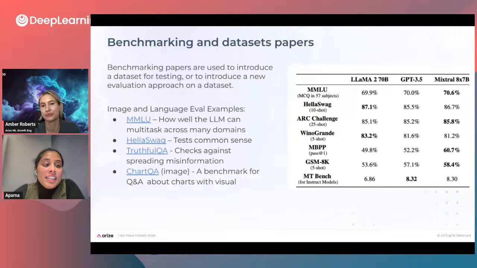You can think of it like the ImageNet data set that's really popular in the computer vision space. Most of them will introduce a data set, and then introduce a way to evaluate across that data set, and what that test actually means.